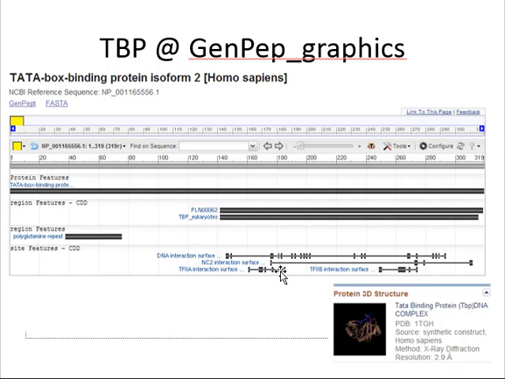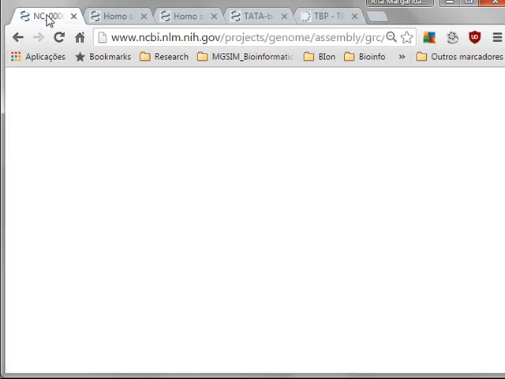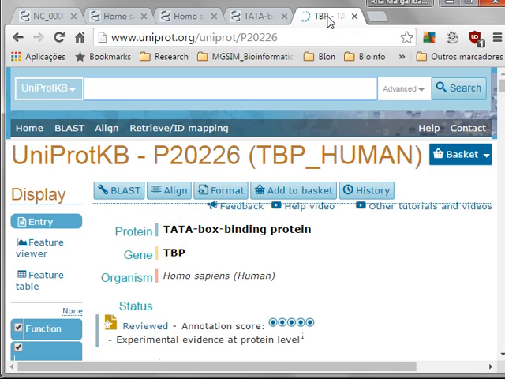The protein 3D structure is also available. This kind of structure is available in PDB, the Protein Data Bank. It's specific for 3D structures of proteins. Now you can see the example of this protein from the gene until the protein.